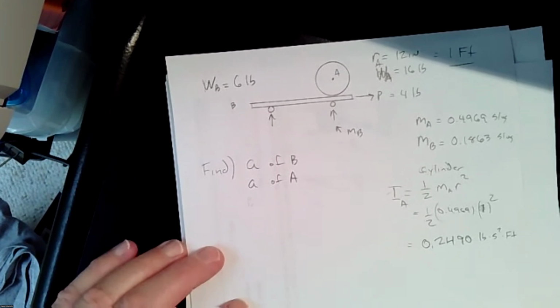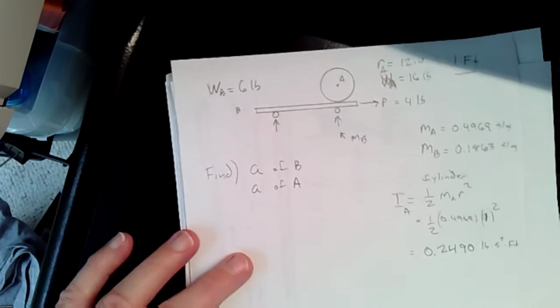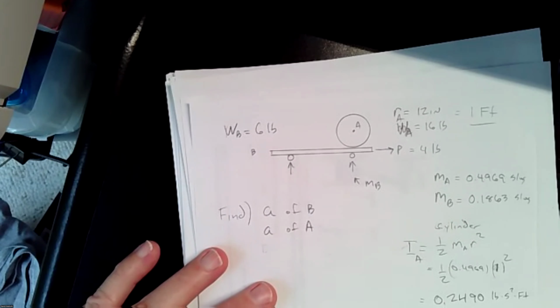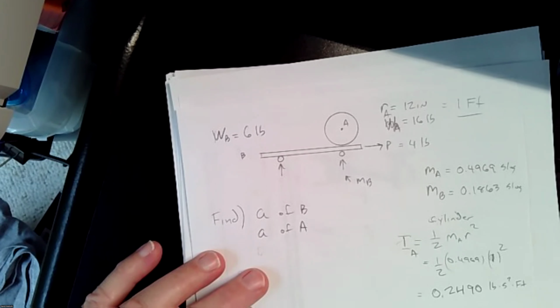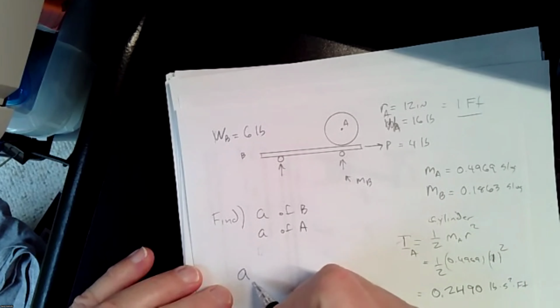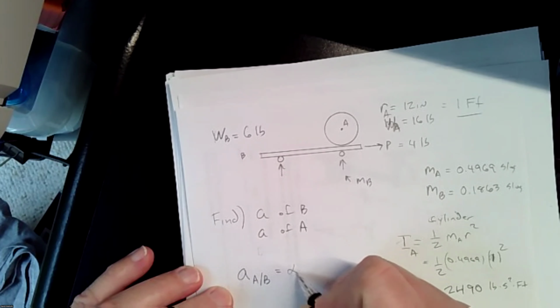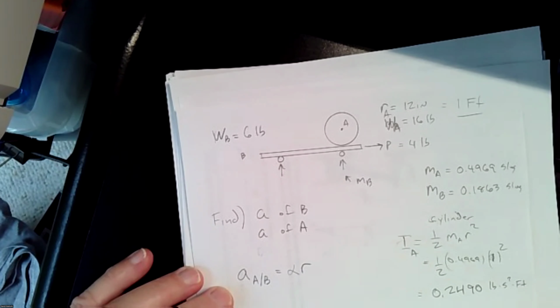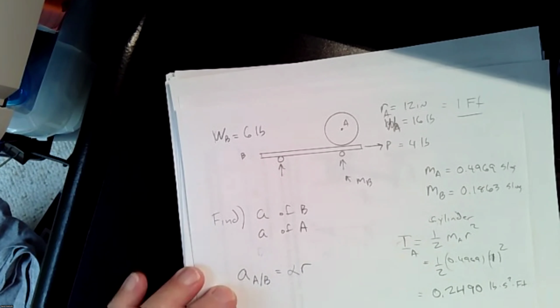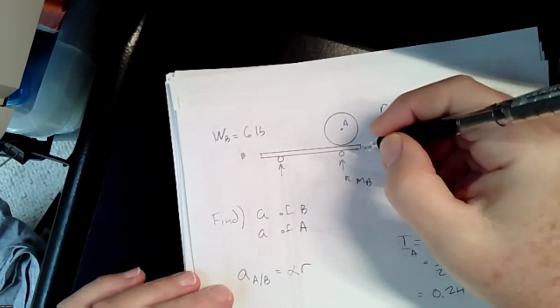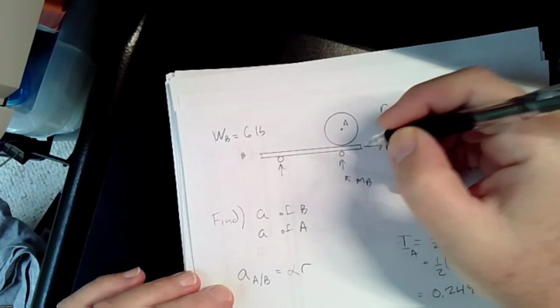Now, one thing, this is maybe a little hard to see, but the acceleration of A with respect to B is just equal to alpha R. The reason to think about that is that as this moves, this rotates.